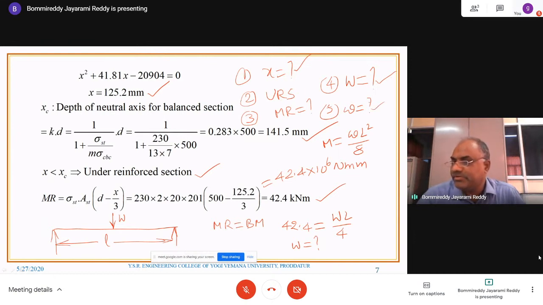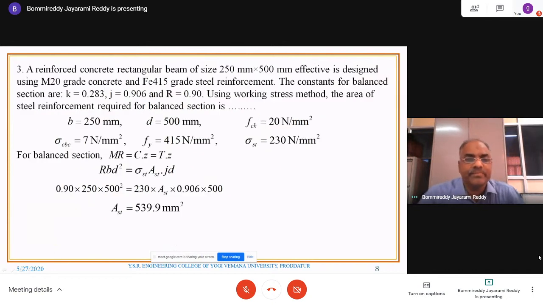Or it may be what is the safe uniformly distributed load that the beam can carry. So like that, small questions will be posed on this. So this question can be composed of several questions in the examination. Third one. So that means under reinforced is over. Over reinforced moment carrying capacity is over.